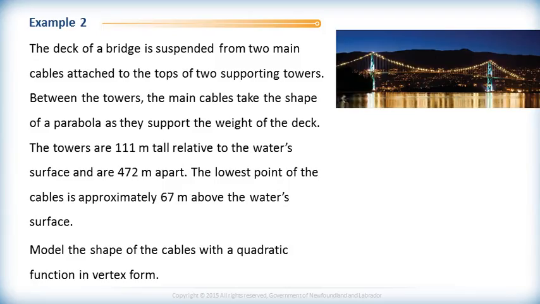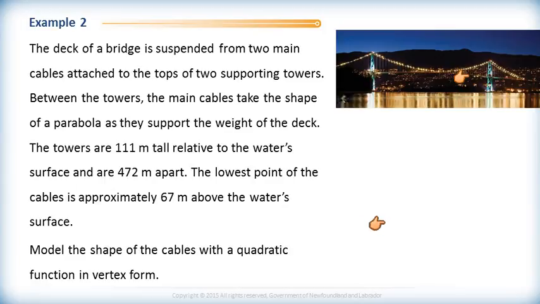This next example is about a bridge. The deck of a bridge is suspended from two main cables attached to the tops of two supporting towers. And here they are. Between the towers, the main cables take the shape of a parabola as they support the weight of the deck, the deck being the part that the cars are driving on.